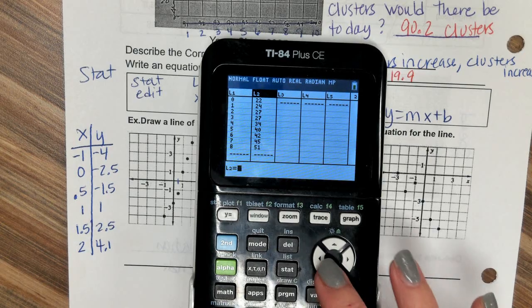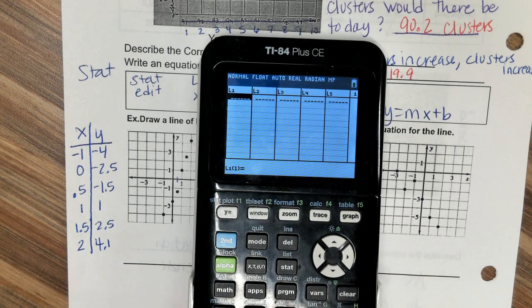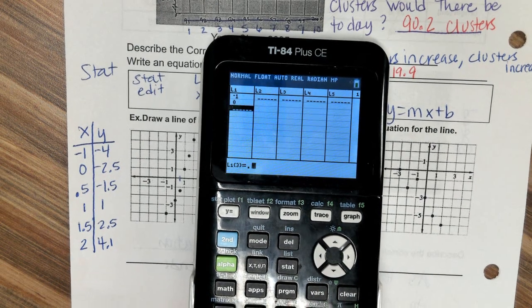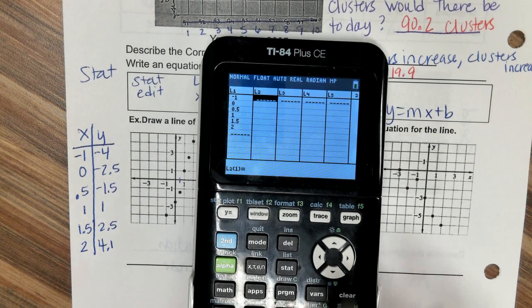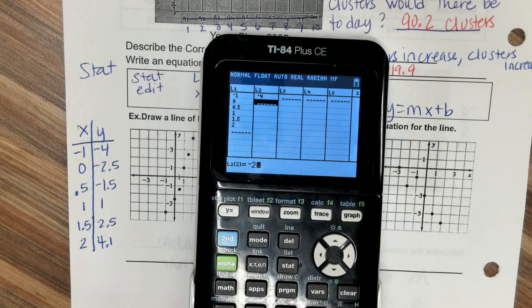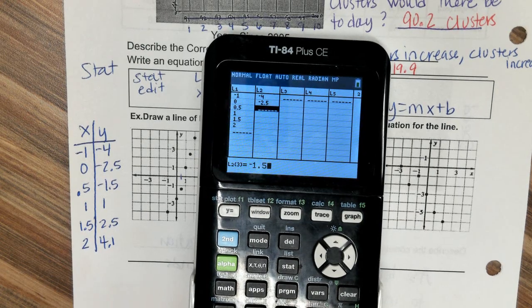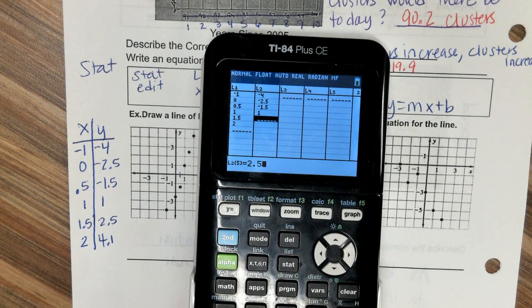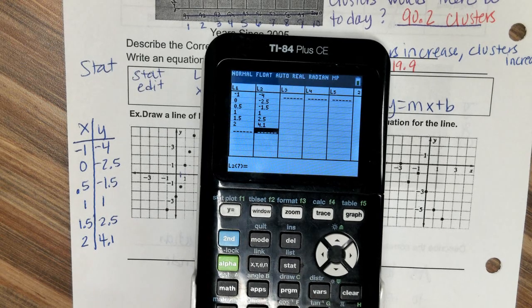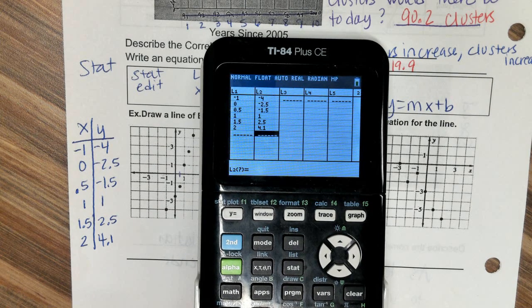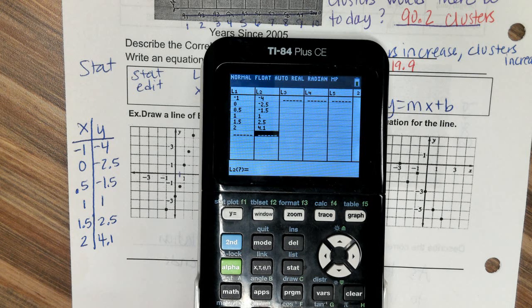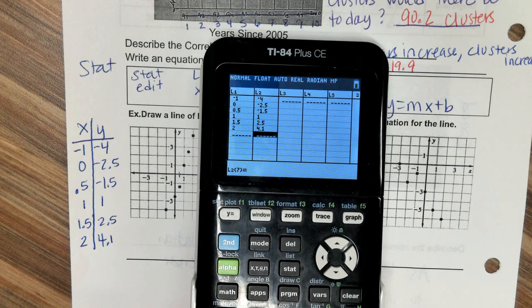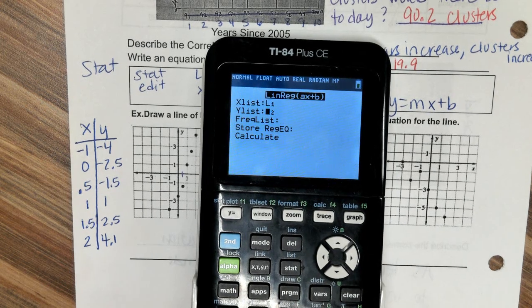Edit, clear out your list. Okay, go to Stat Calc, option 4.